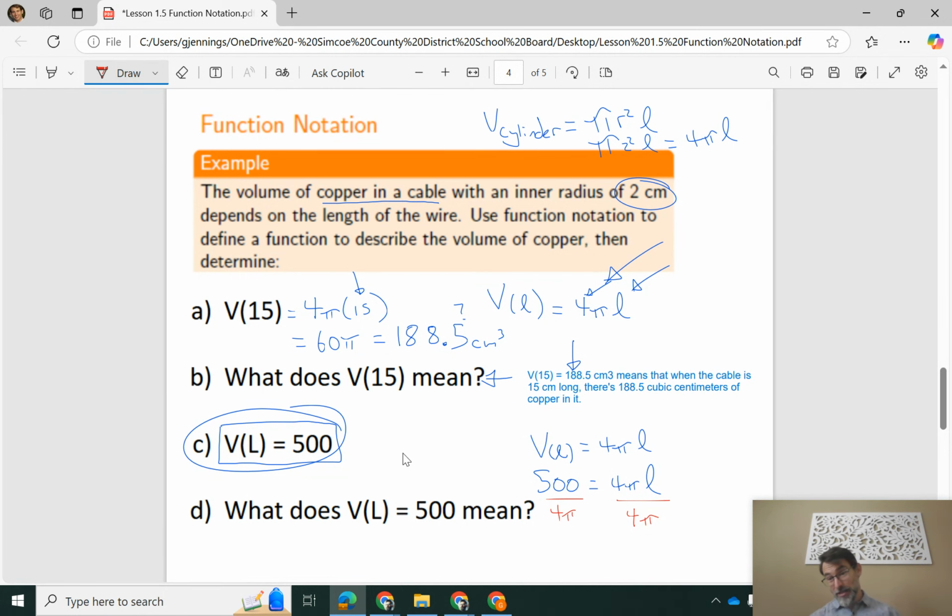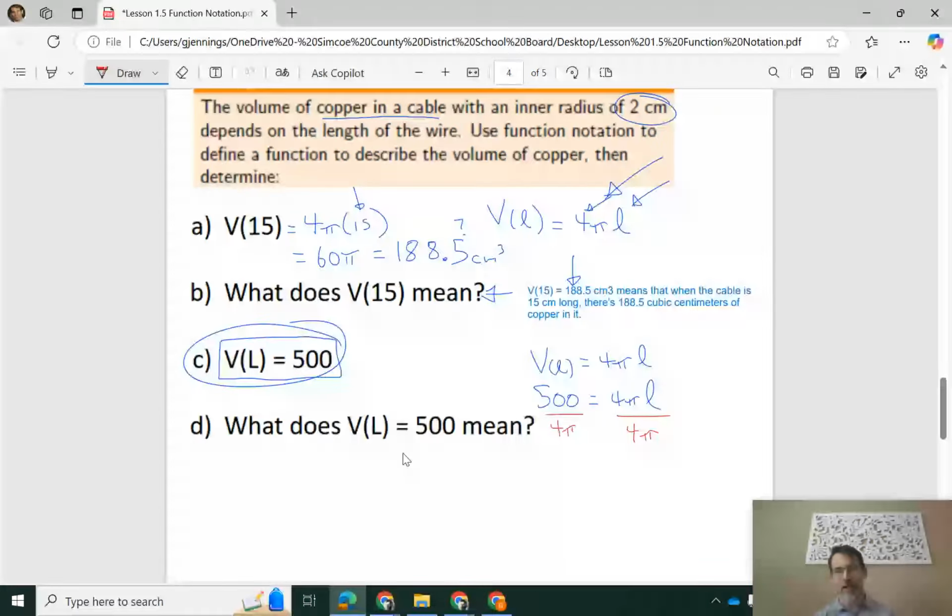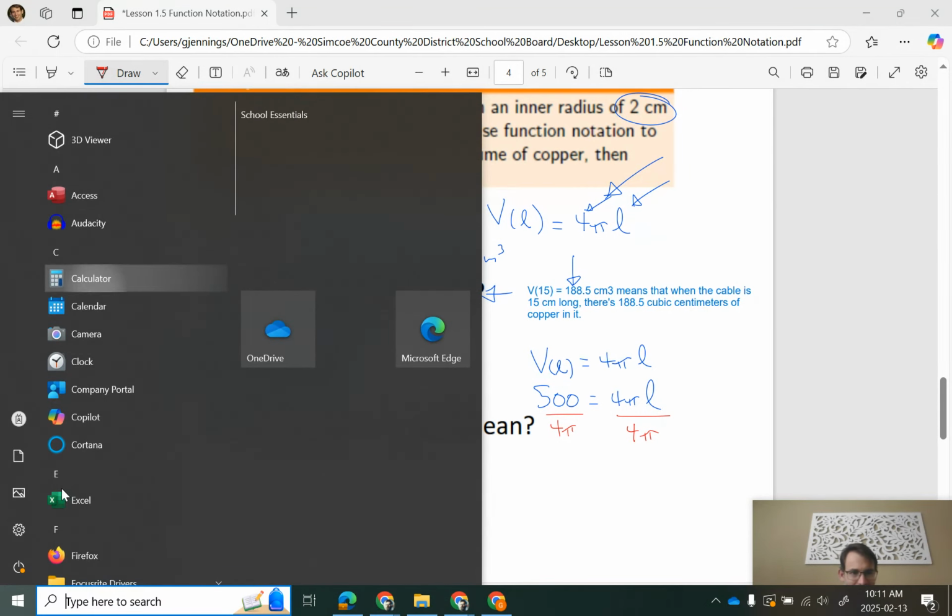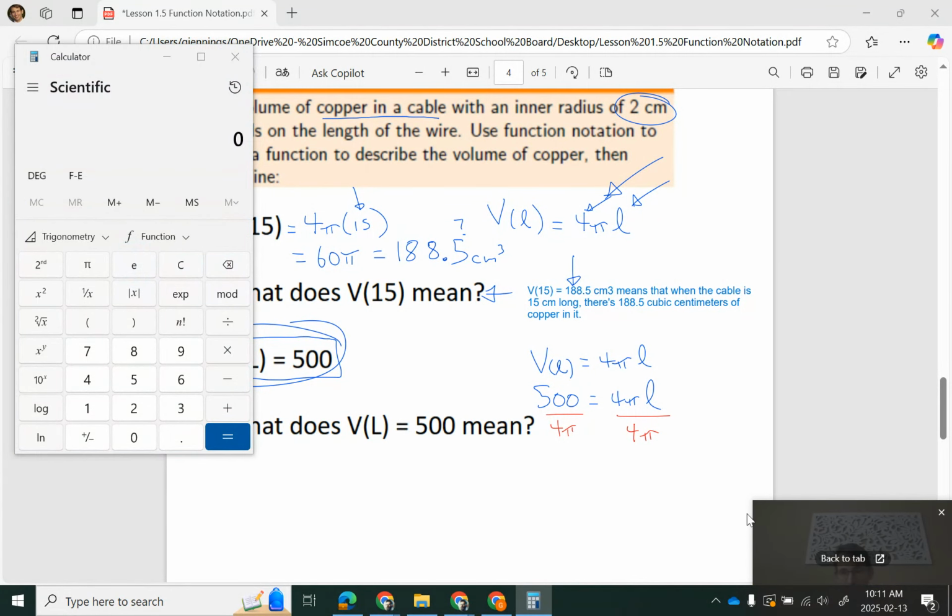Do you want me to guess? A little less than 40? I think it's a little less than 40. I can guess 39. Okay, so let's check it in the calculator. Doing these little guesses makes math fun, okay? I'm going to have fun when I see how wrong I was or how right I was.